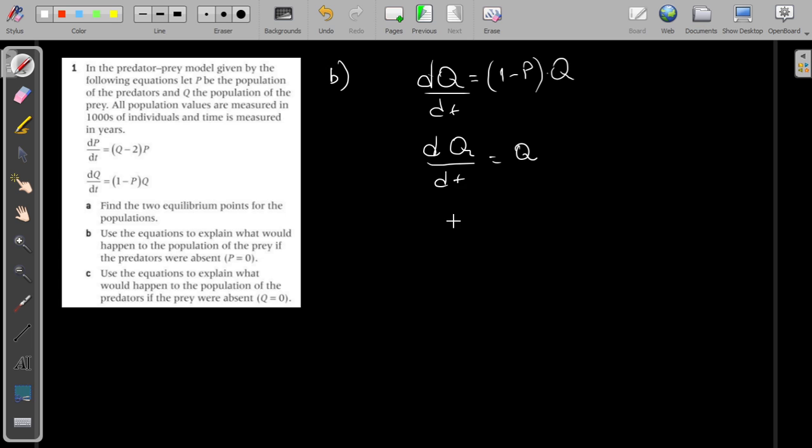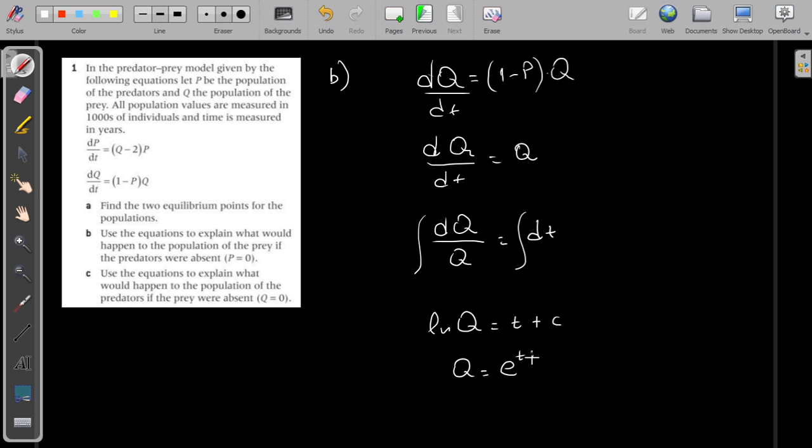Now I have to solve the differential equation. I will use separable variables. So dQ over Q should be equal to dt. I'll integrate. So ln Q should be equal to t plus C. So now it will become Q equals e to the power of t plus C. So Q equals e^t times e^C.